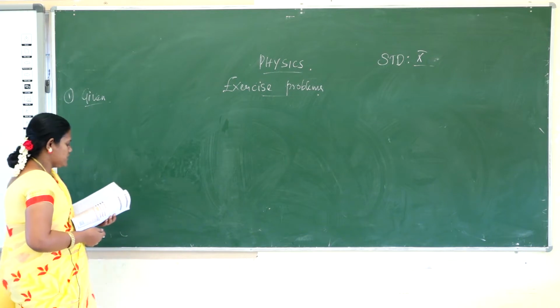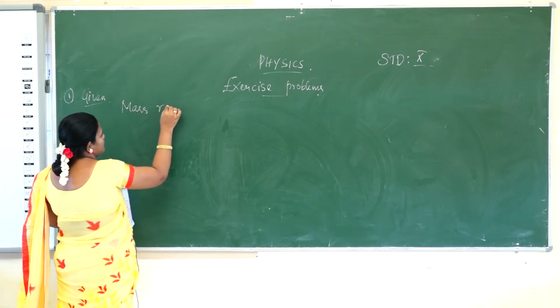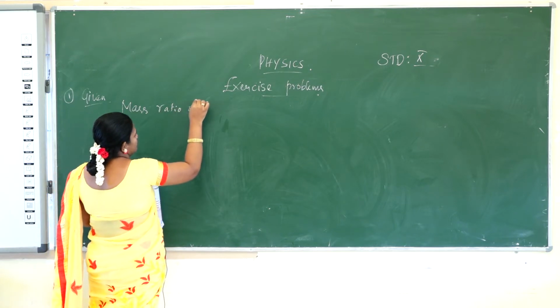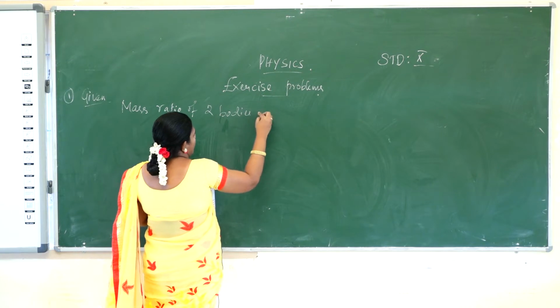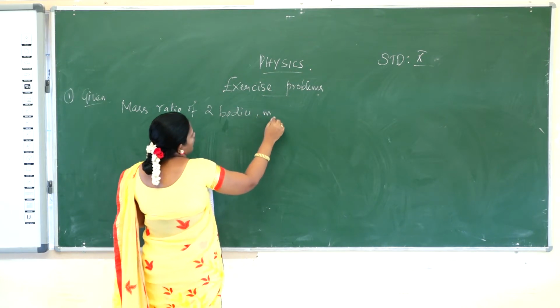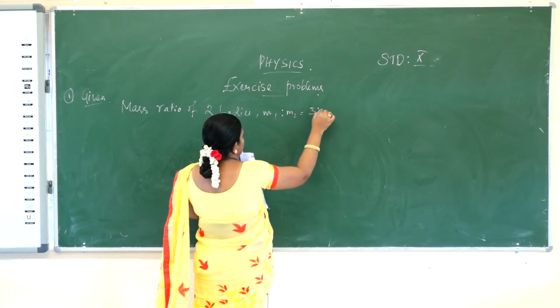Okay. So, first, the mass ratio of two bodies, m1 to m2, is equal to 3:4.